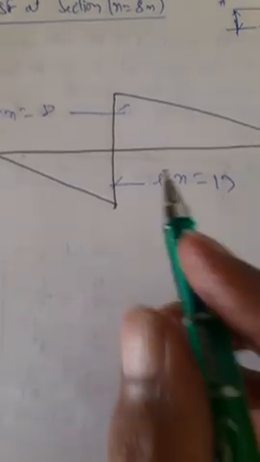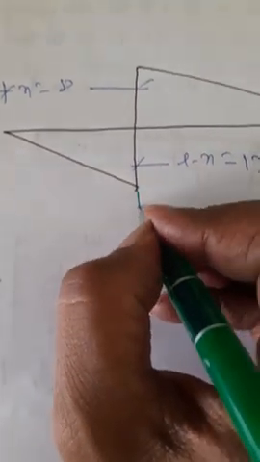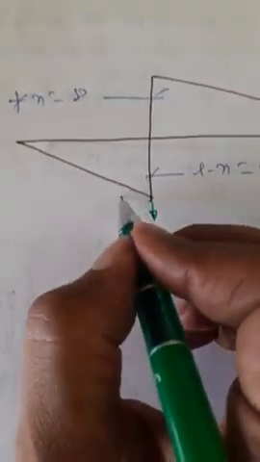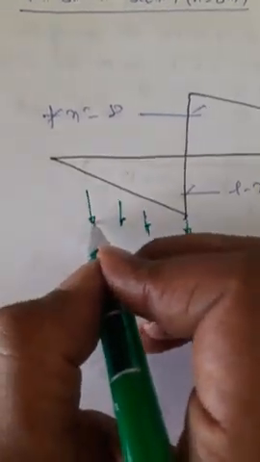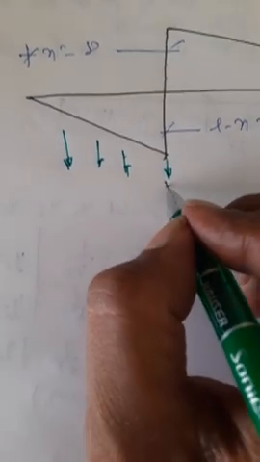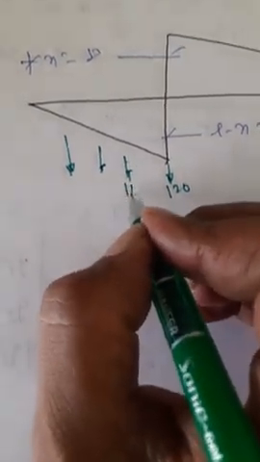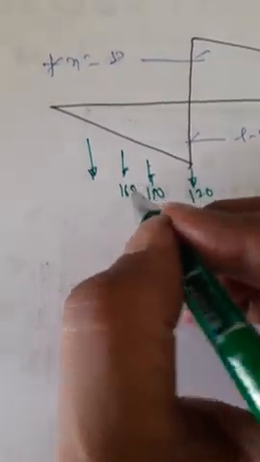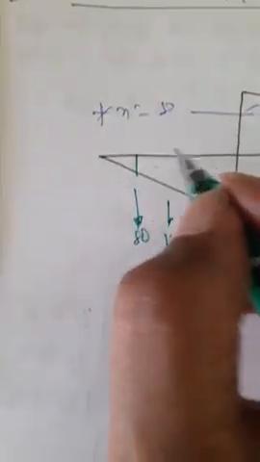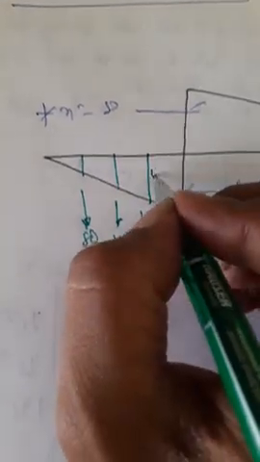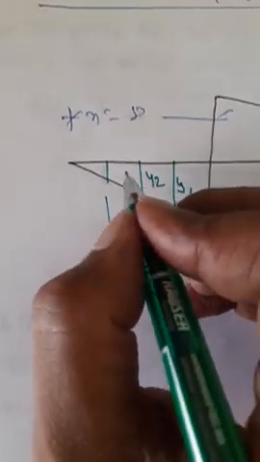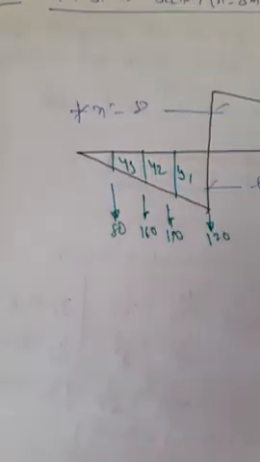So first let me place the loads towards the left. 1, 2, 3, 4. So these loads are 120, 150, 160, 80. Mark the ordinates. Let this ordinate be y1, y2, y3.